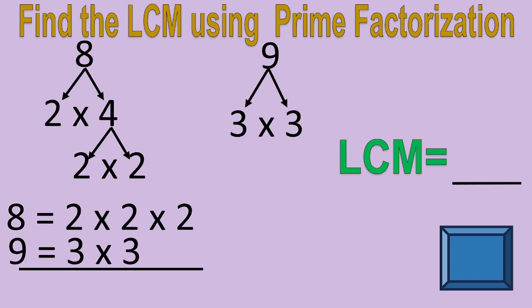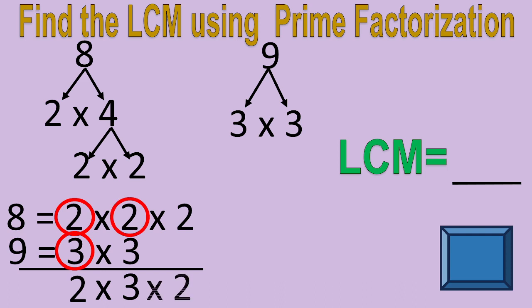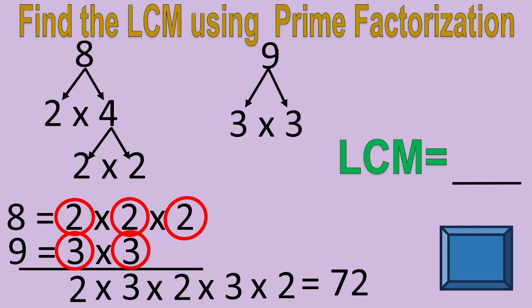And the prime factorization of 9 is 3 and 3. So we have no common prime factors of 8 and 9. So the uncommon prime factors are 2, 3, 2, 3, and 2. So 2 times 3 times 2 times 3 times 2 is equal to 72. So the LCM is 72.